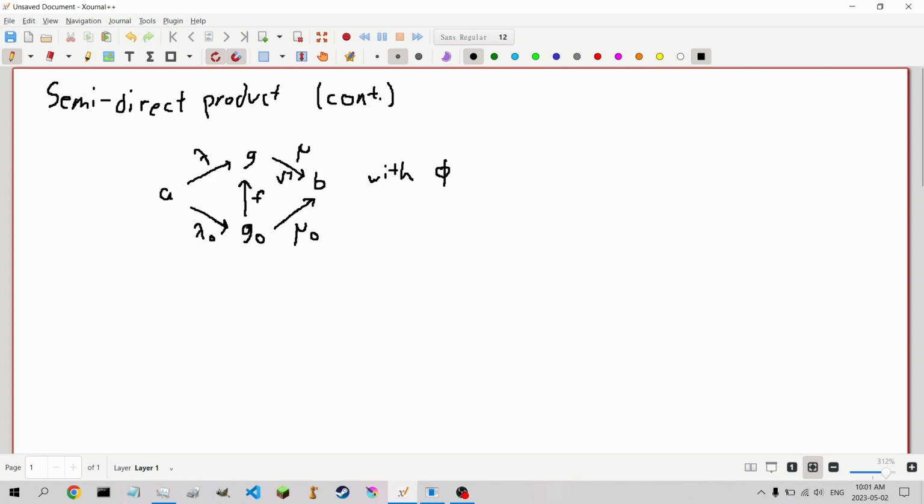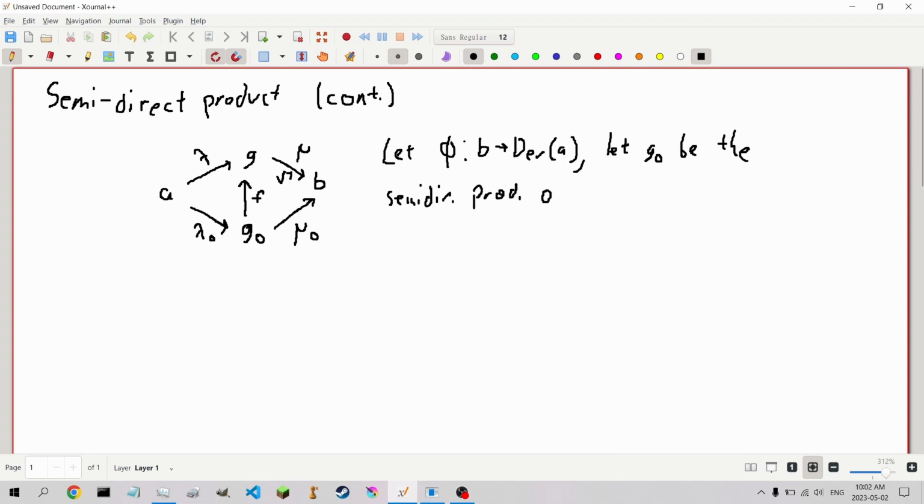So what actually is happening here is we let phi be the map from B into the derivation algebra of A, and we let this new algebra G0 be the semi-direct product of B by A, might be of A by B, I might have mixed that up, but anyways.